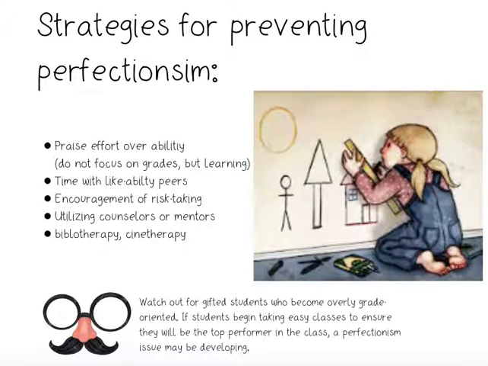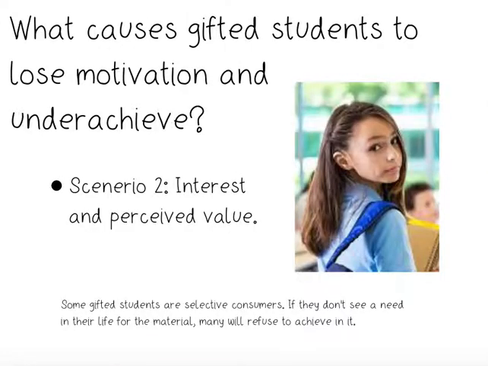Teachers, counselors, and parents can collaborate together when choosing an appropriate intervention for a gifted child struggling with motivation and perfectionism. But maybe they're not underachieving because of perfectionism. Maybe it's the second scenario, which could be their interest and perceived value. Some students who are not achieving could be doing so because they're not interested and they're not challenged.